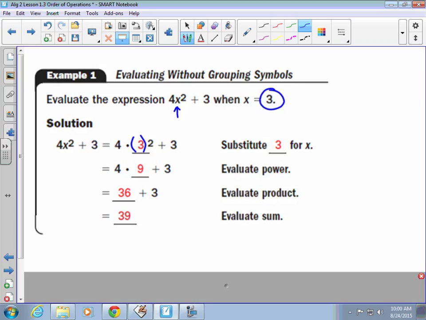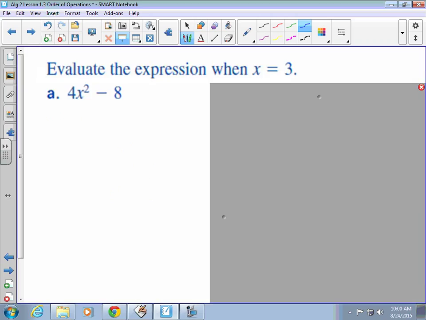Here's another example that is not on your sheet. Everybody turn over to the back and do this one real quick. Should only take you 20 seconds or so.